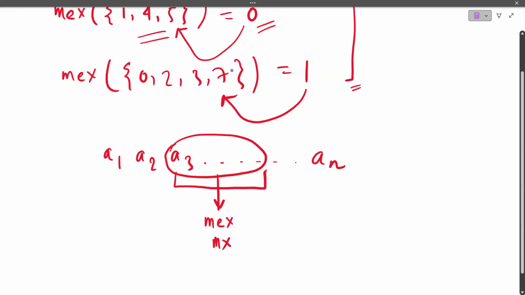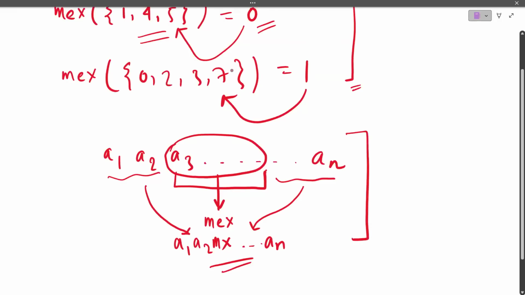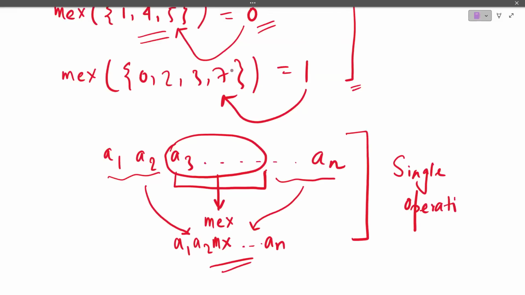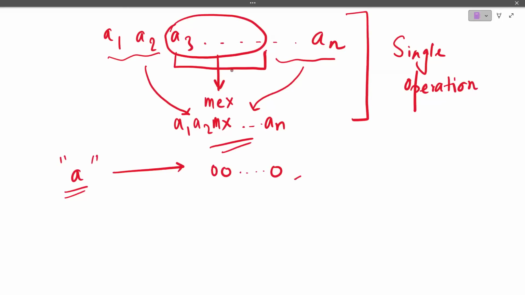The segment gets converted to mx, and the rest of the array remains the same. So basically, it becomes a1, a2, and so on up to an. This transformation is a single operation. The question asks for the minimum number of operations needed so that the entire array becomes an array of zeros. So I have this array A, provided as input, and I have to do some minimum number of operations so that it becomes an array of zeros.